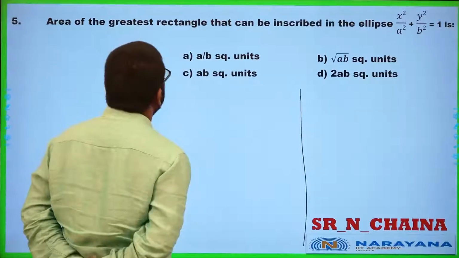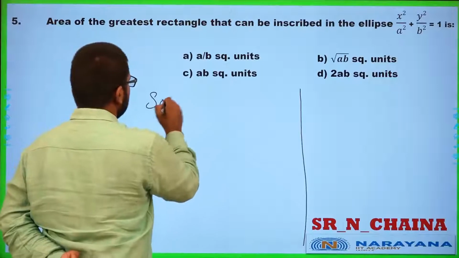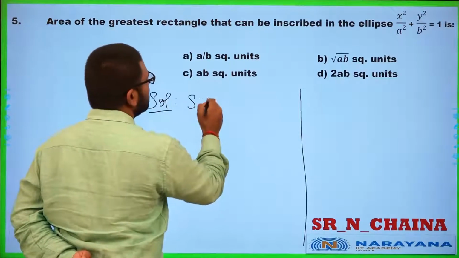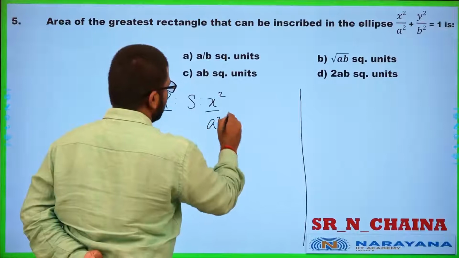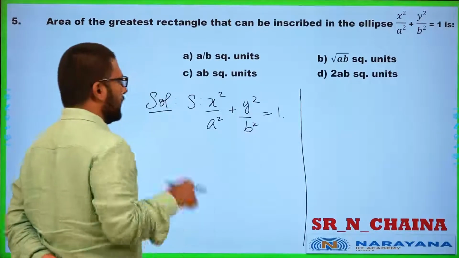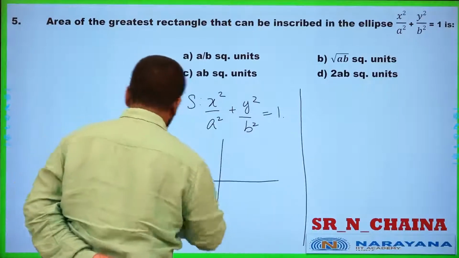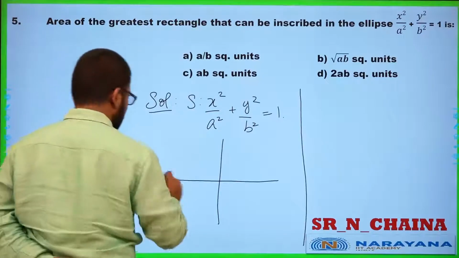Area of the greatest rectangle that can be inscribed in the ellipse is, okay. So we have a standard ellipse, x square by a square plus y square by b square equal to 1, and then the greatest rectangle that can be inscribed in this ellipse.